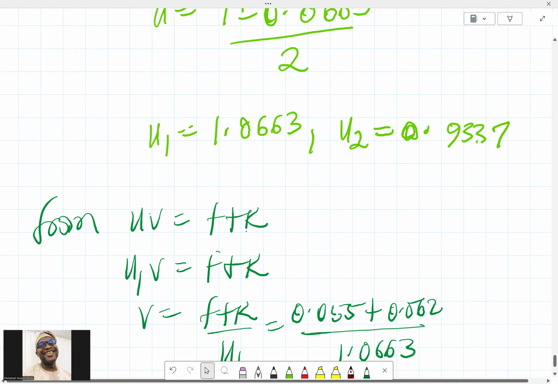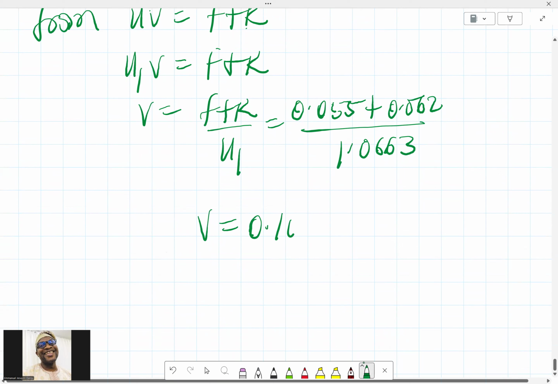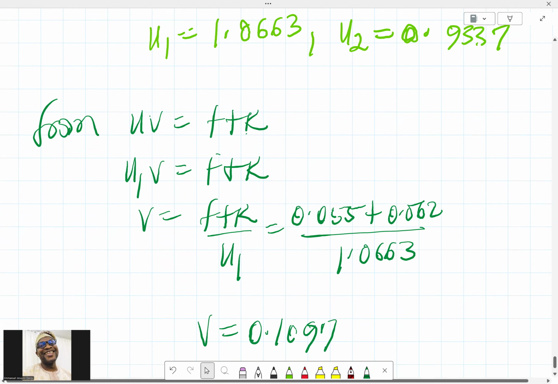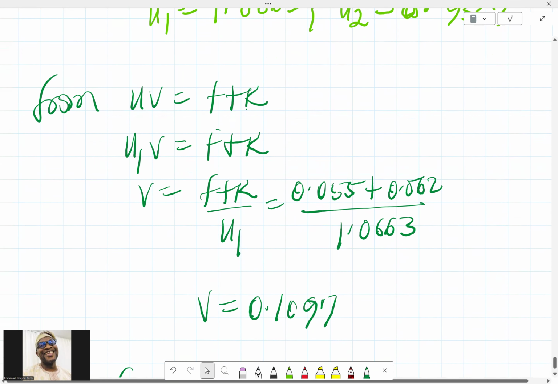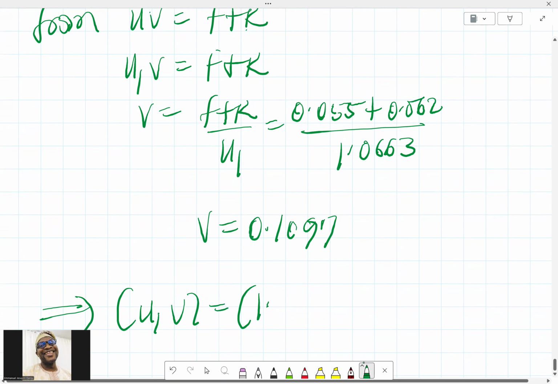That gives us V to be 0.1097. So the whole thing implies that U comma V is equal to 1.0663, comma 0.1097. That's that.